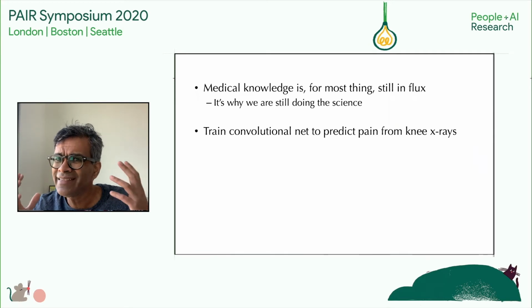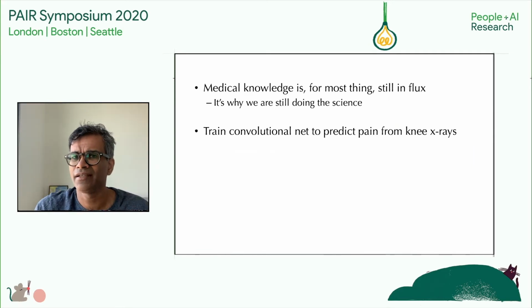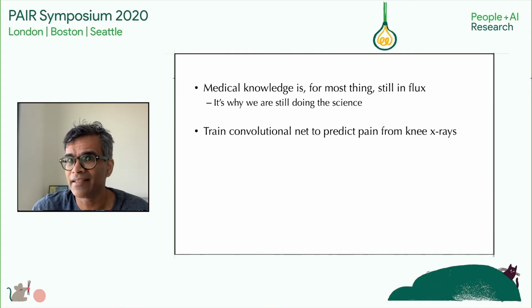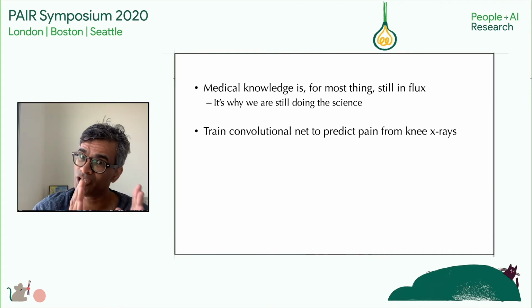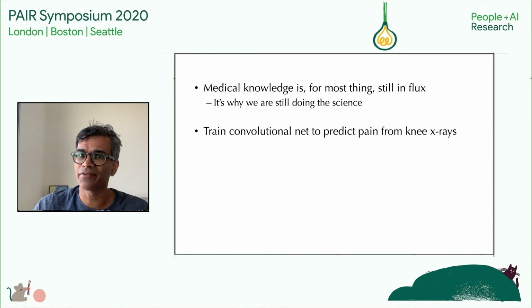So let's instead have an algorithm look at the x-ray and predict pain directly. Now you'll notice, if there was something in the knee, the algorithm, given only the knee x-ray, ought to find it. If there's nothing in the knee, and it is psychological, given just the x-ray, it ought not to find it. So rather than conditioning on the KL grade, let's condition on this algorithmically generated thing.